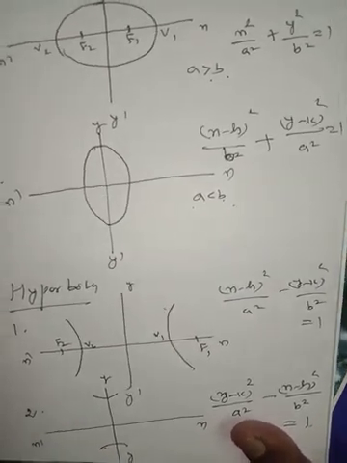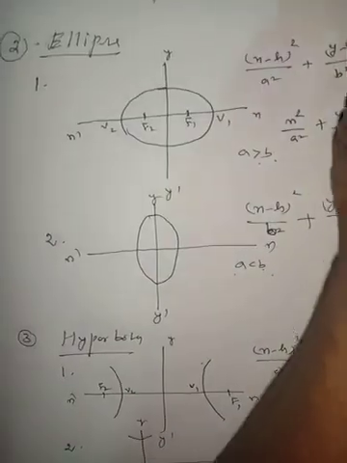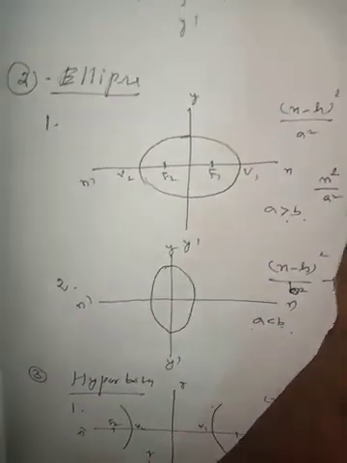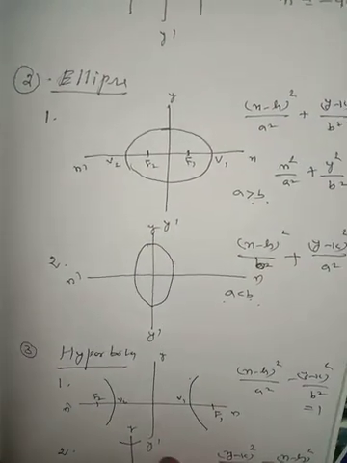Conics divide into three types: parabola, ellipse, hyperbola. Parabola contains four types: open rightward parabola, open leftward parabola, open upward parabola, and open downward.